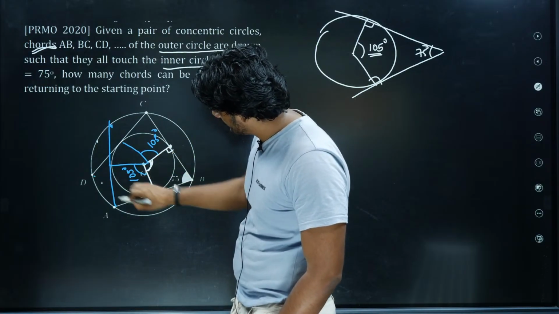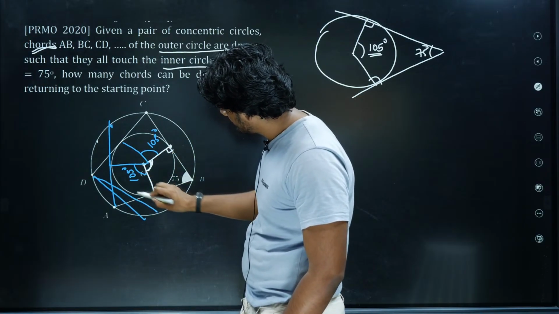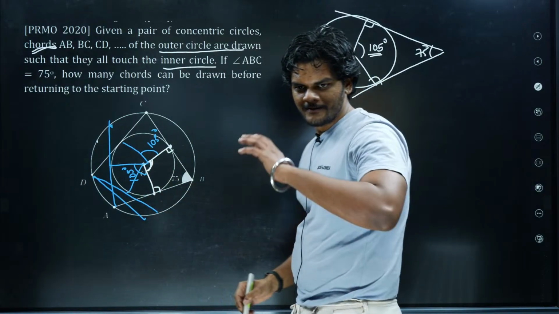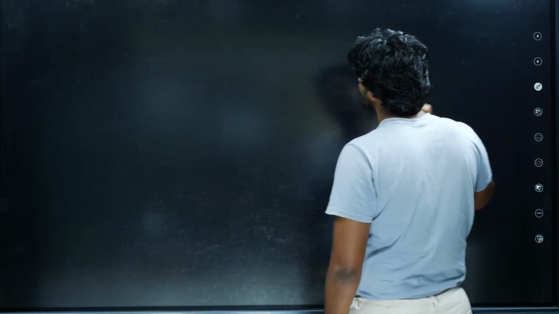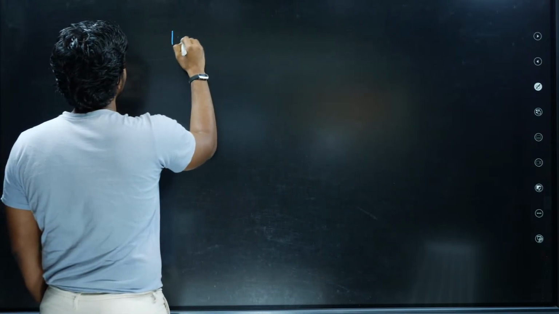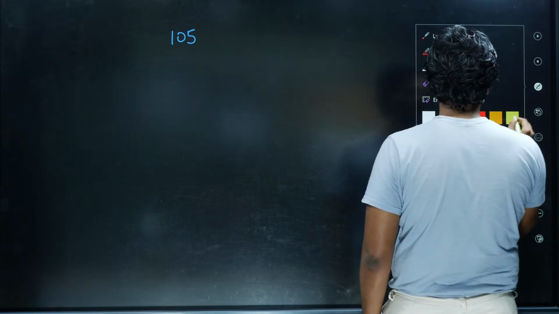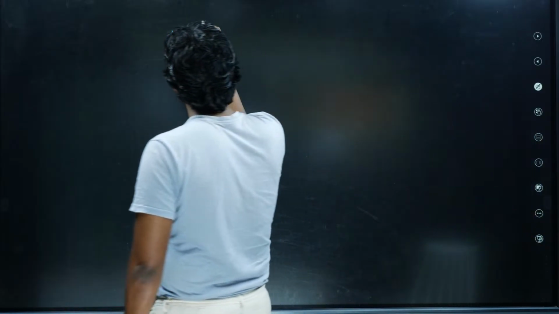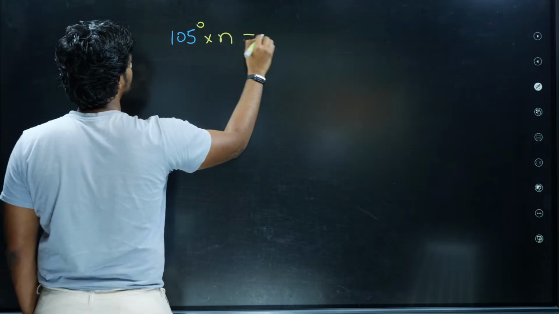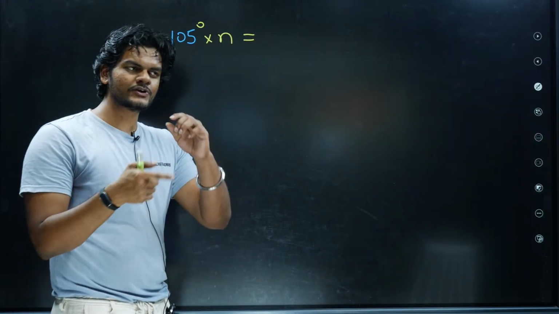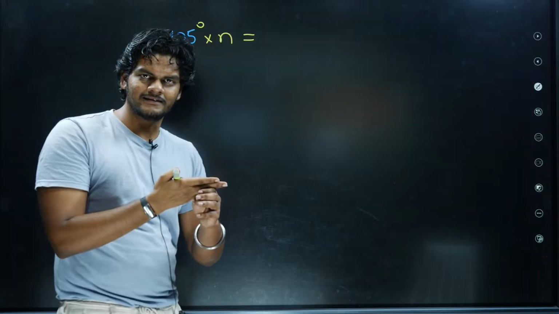And the next one should be 105 degrees. Right? The idea is that each of the 105, 105, 105, when they add up, let's say we have n number of such chords we need to get back. So 105 degrees into n should be equal to 360 because we want to get back to A. So it should complete the circle in some sense.